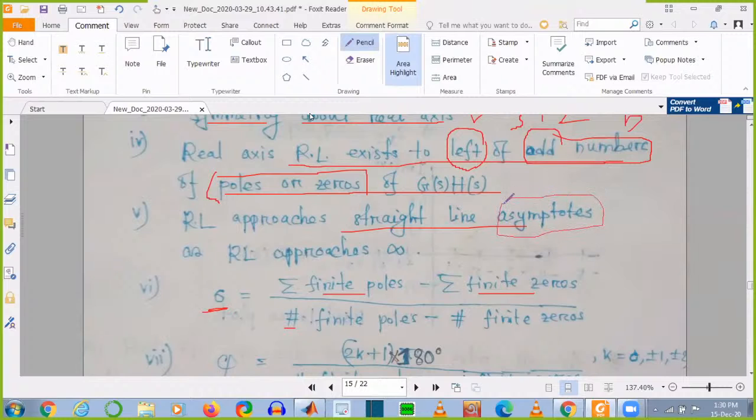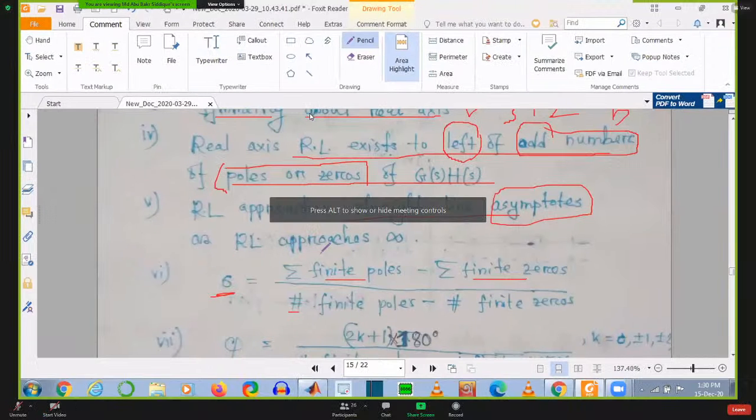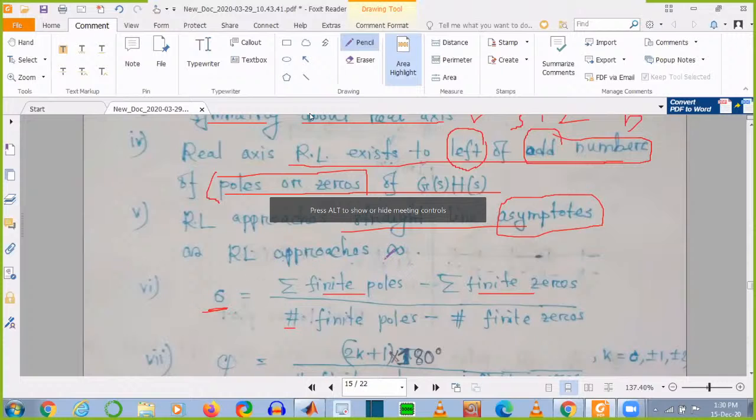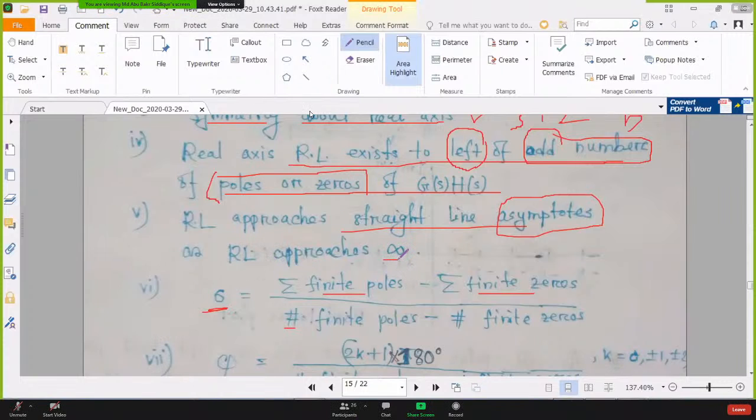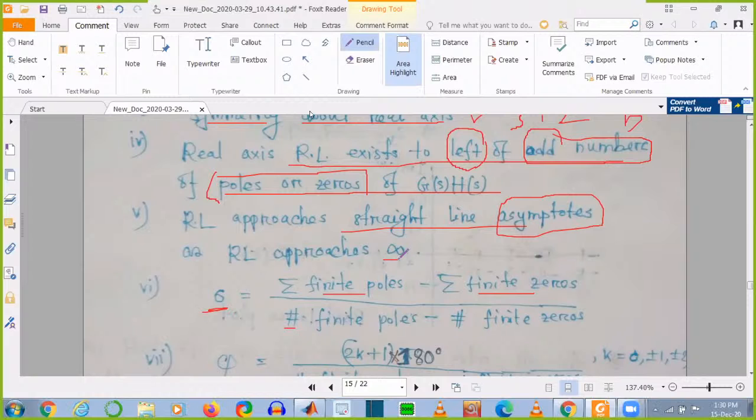The root locus approaches straight line asymptotes as it approaches infinity. This means the root locus will go along a straight line, following an infinite path, a path without boundary. It will go towards the infinite path.